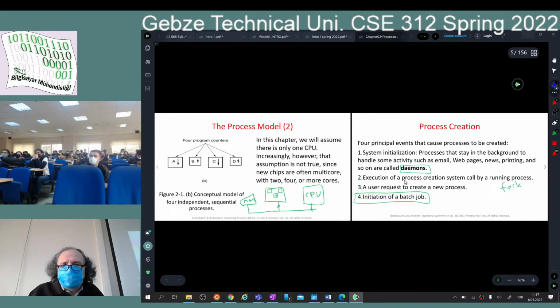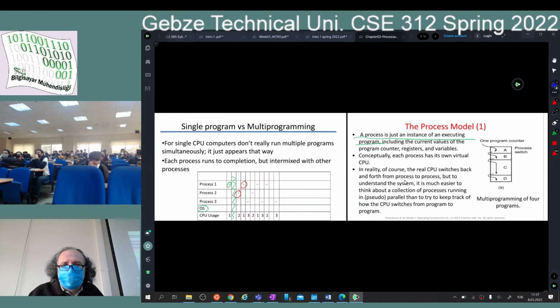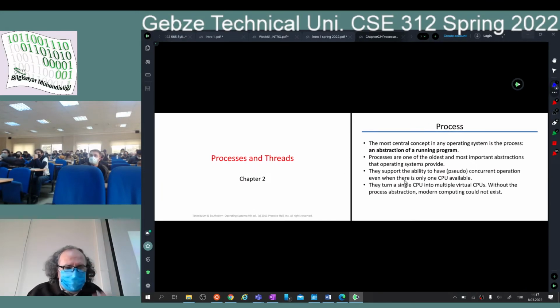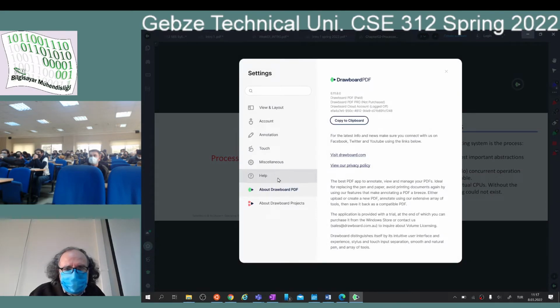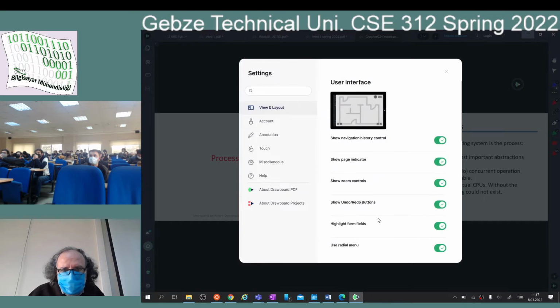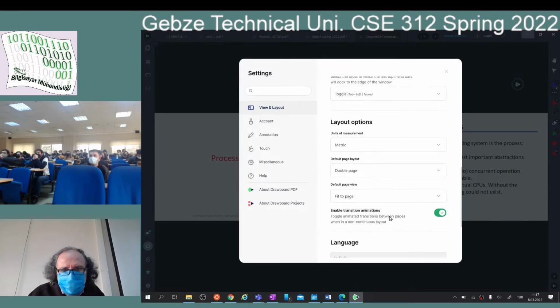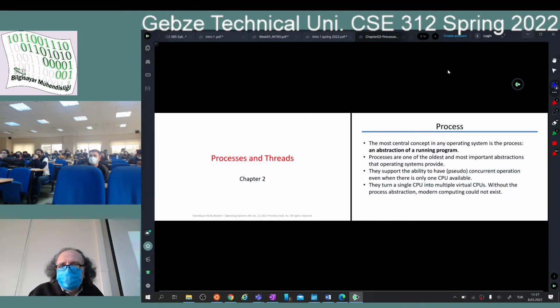Yesterday I was trying to initiate this mode. Now I don't want it. So how am I gonna go back? I think it is somewhere in view. Yeah. Not double page, but single page, not continuous, single page. Why did they make it so difficult to access this? Okay, good.